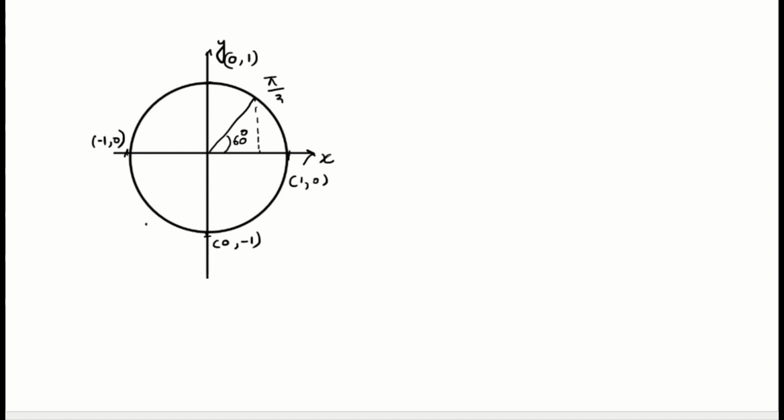So the hypotenuse, as I told, is 1 and the perpendicular is square root 3 over 2.